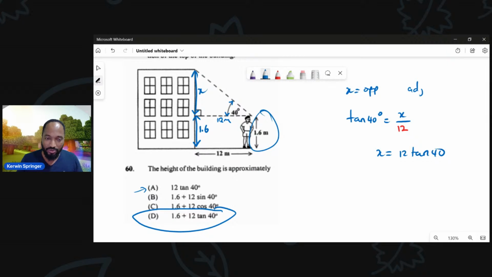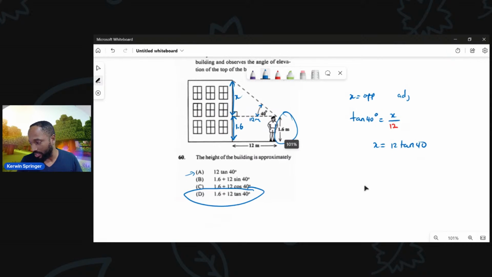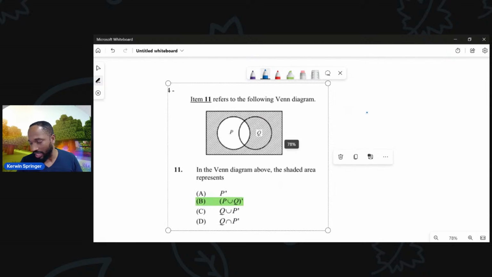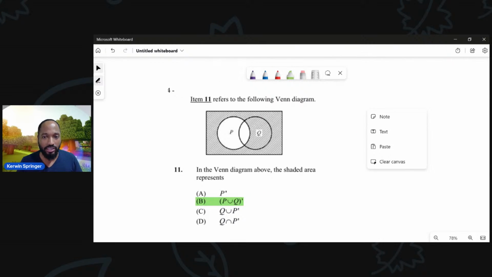All right, let's see if there are any more requests. Somebody wants me to verify this answer. Well, the answer you have here is wrong. Let's tell them the answer. Somebody also wants number 10.